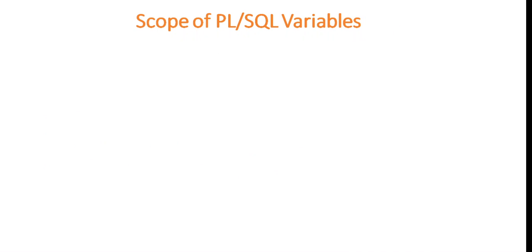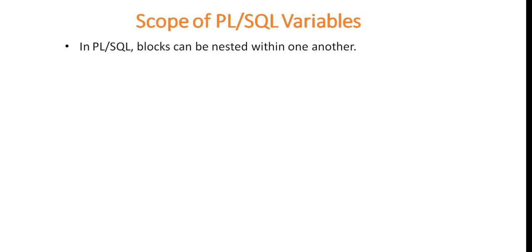Now let's see what is the scope of a PL/SQL variable. In PL/SQL we already know that we can nest blocks within one another. We can have a nested block structure in PL/SQL.